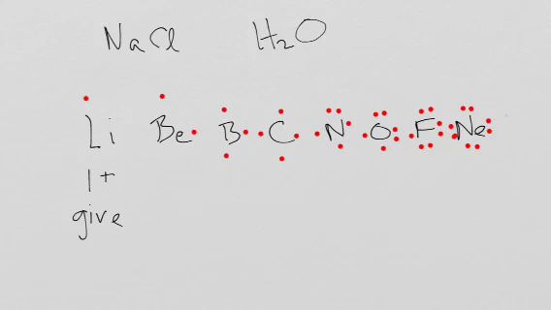What about beryllium? It's got 2 extras. It's going to give those 2 away rather than take 6. So it's got 2 extras and it's going to be a giver. Okay? What about boron? It's going to give its 3 extras. Now, here's where it gets interesting, because carbon has 4.